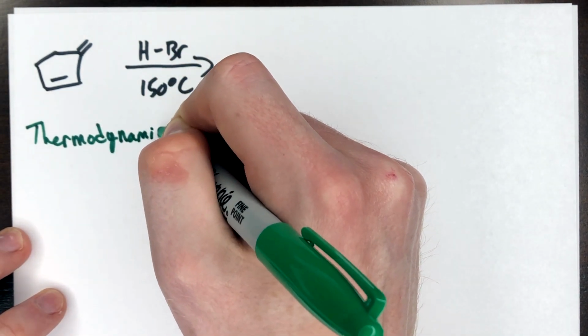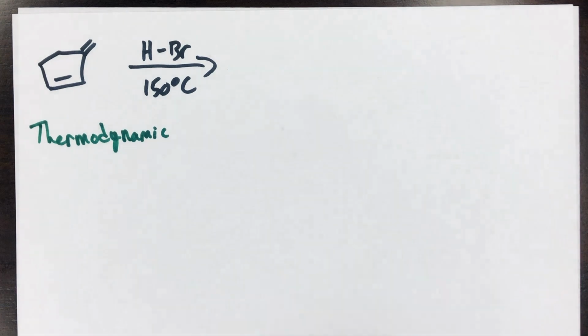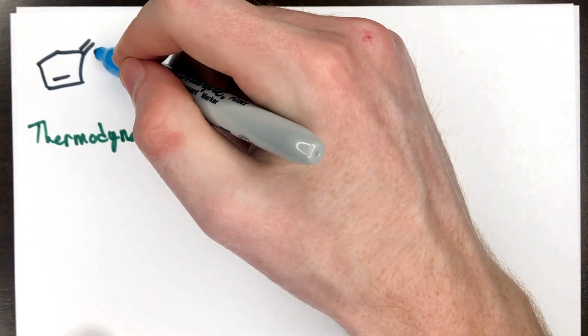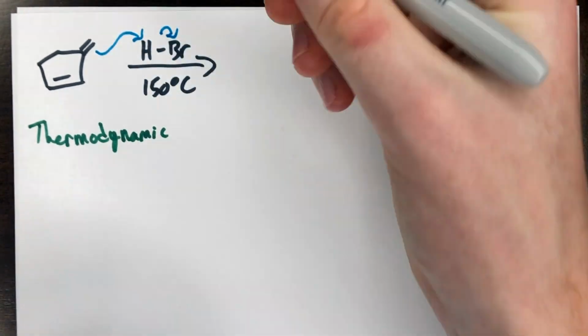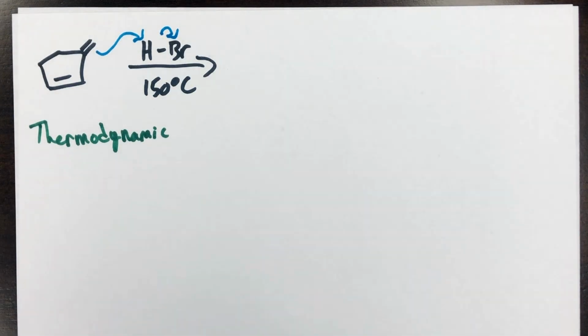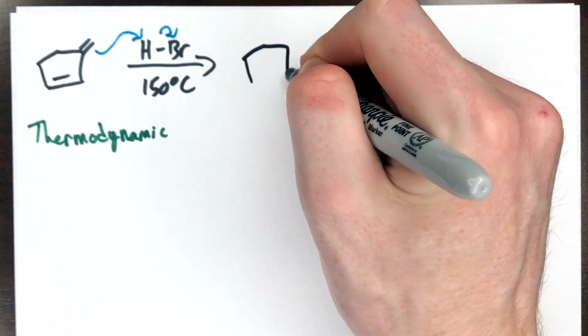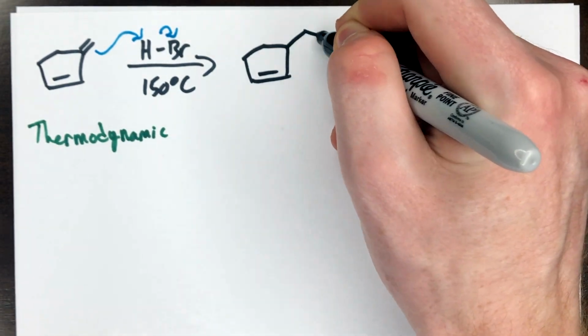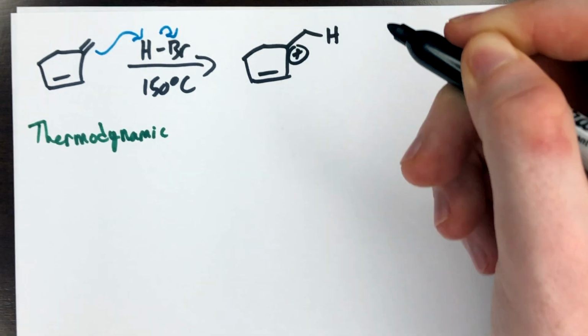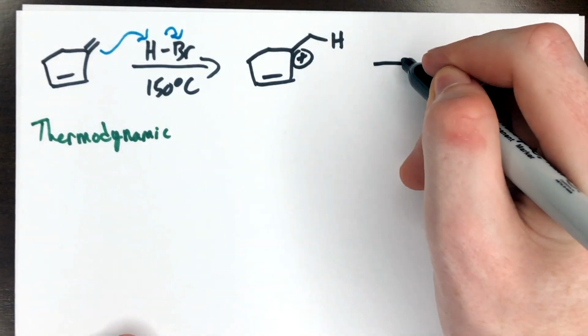So we have to draw the resonance forms, and those are going to drive the product if those resonance forms yield a more stable intermediate. So again, we'll start with the addition to our pi bond, like this. Right, now we have to consider resonance.